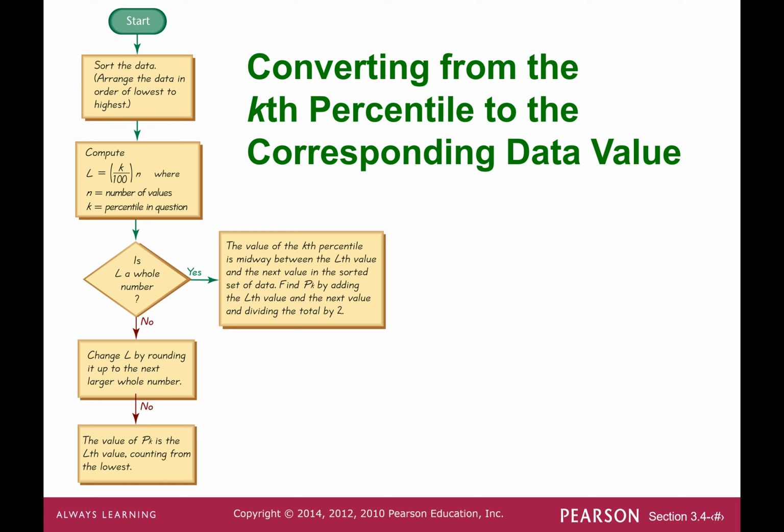Now, if the locator is a whole number, then you average the lth data value and the next value: the lth data value plus the (l plus 1)th data value, divided by 2.